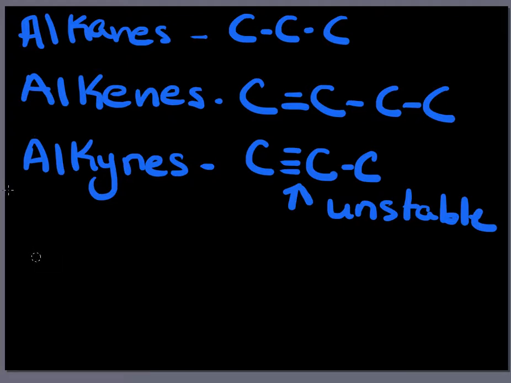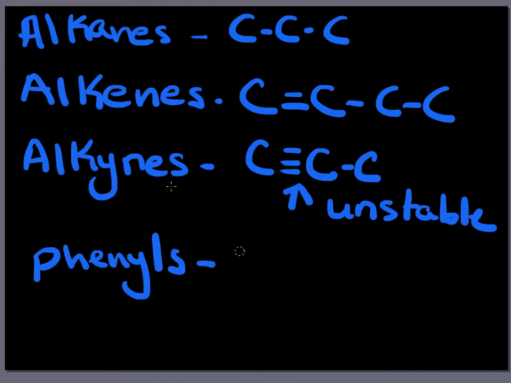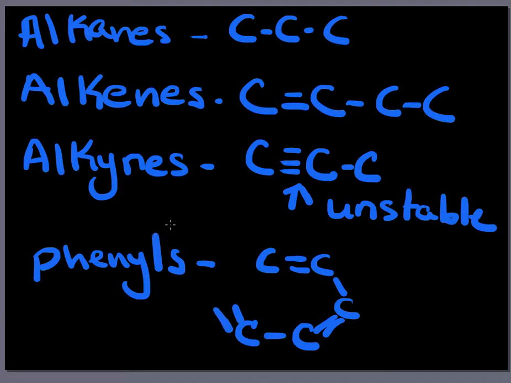And then the last one, the phenols, I might be going a page ahead or so. The phenols are those aromatic rings where there's a double bond that alternates between the carbons.